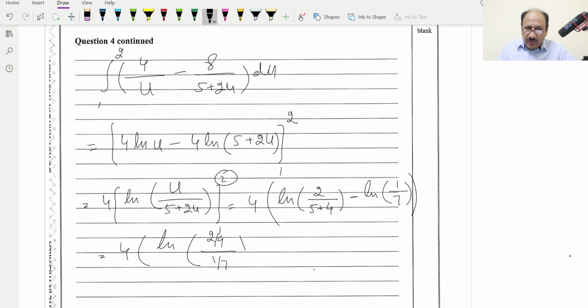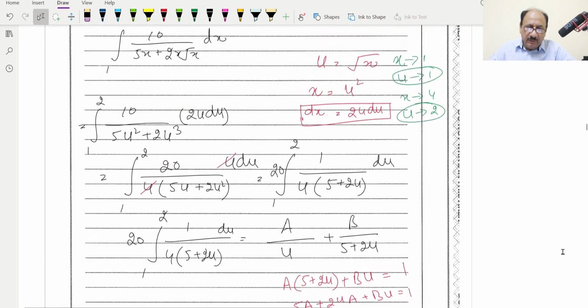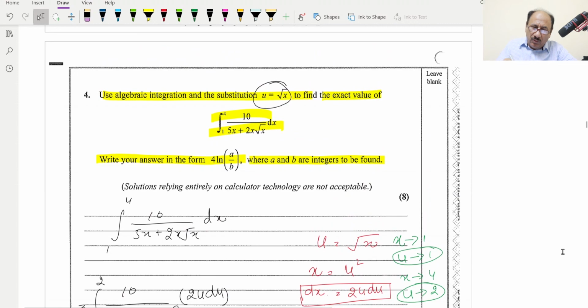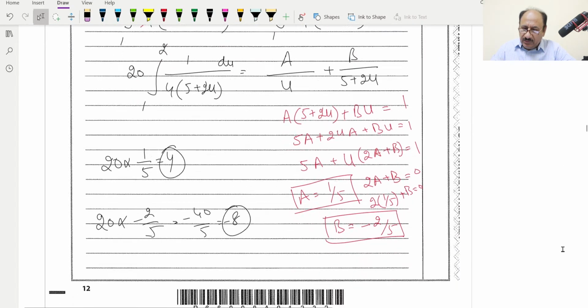So this will be 4 log of 14 over 9, and this is the log format which they have asked us to provide: 4 log of a over b, where a and b are integers.